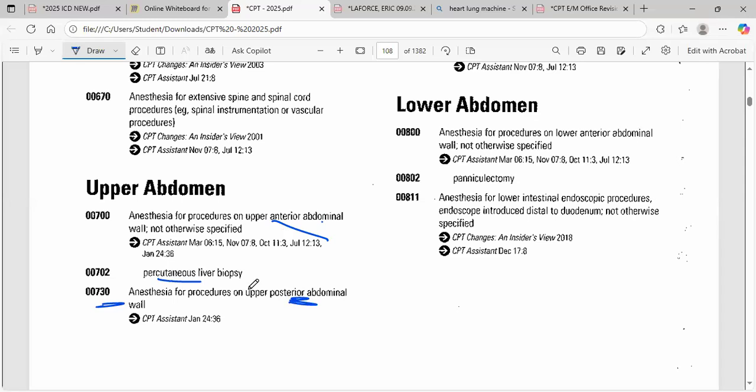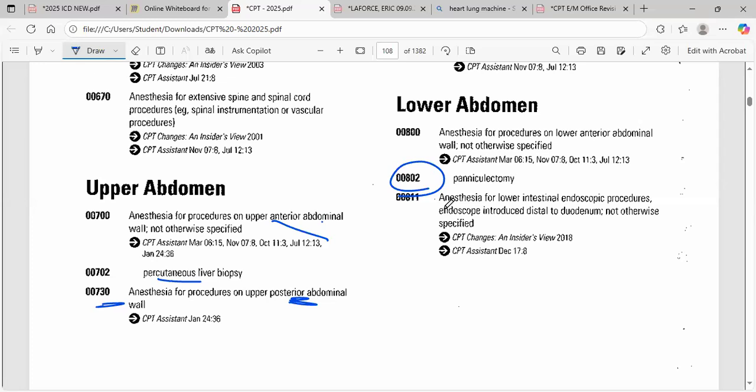We have one word here, you can see paniculectomy. Paniculectomy is a surgical procedure on the lower anterior abdominal wall. We have to use the paniculectomy word. Paniculectomy surgery represents the removal of excess fat and excess skin from the lower abdomen, also known as belly fat.